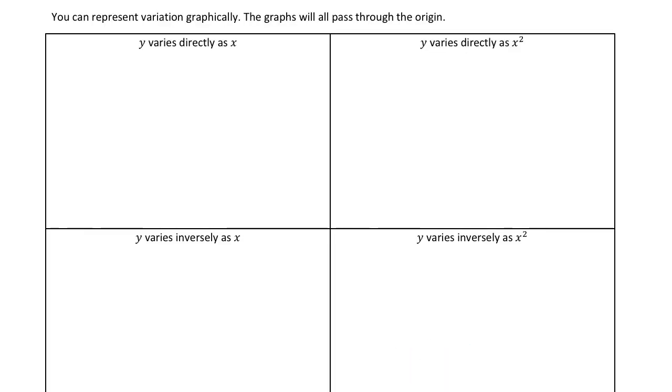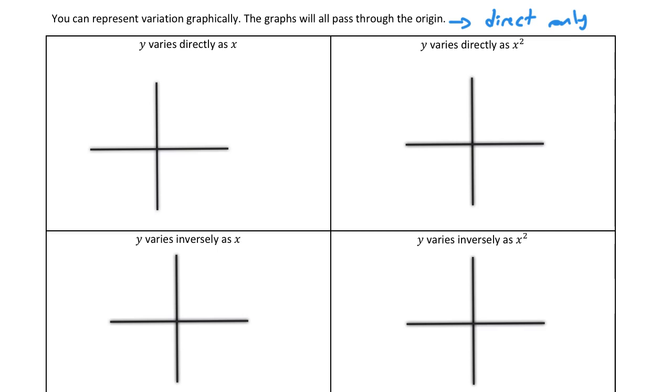The last thing we're going to look at then within variation is the graphical representation of that. Now the graphs will all pass through the origin, but that's only for direct proportion. Whenever we're looking at inverse proportion, that's not the case. So if a graph of y varies directly as x, that means that they're directly proportional.